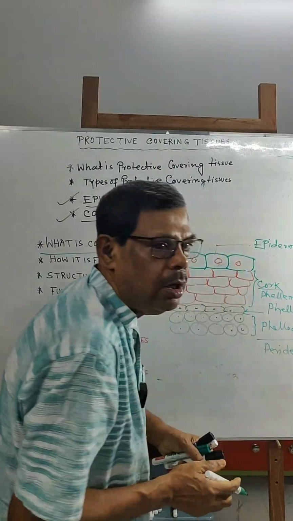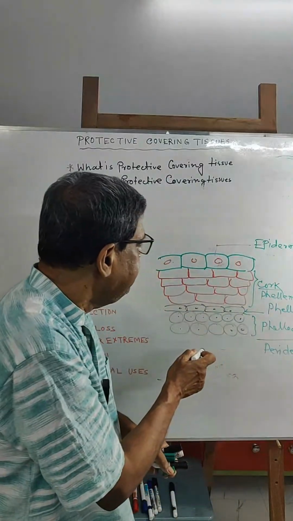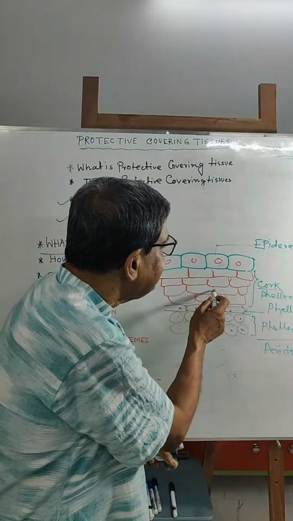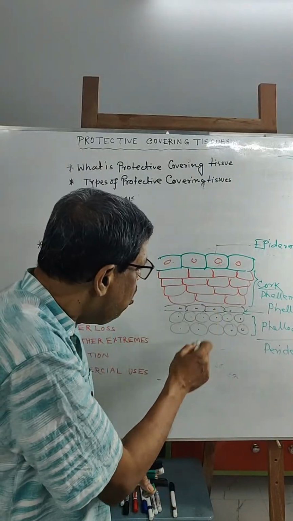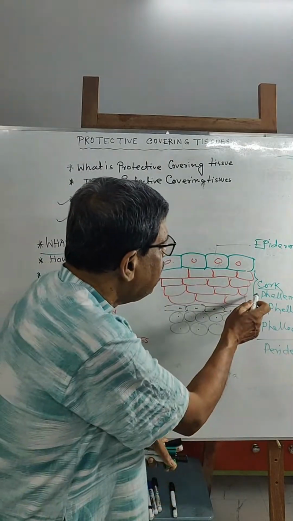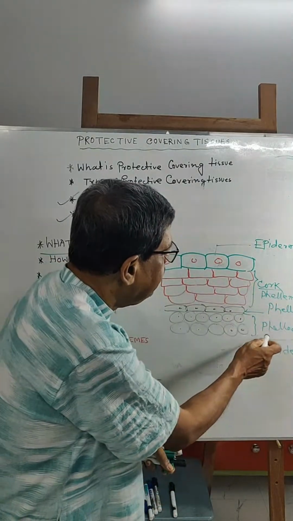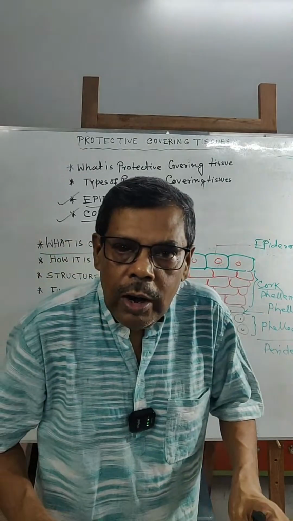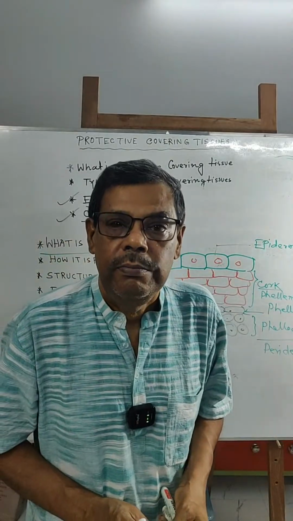Phellogen divides and produces cork cells outwardly, and inwardly it forms the phelloderm. Cork, phellogen and phelloderm are collectively called periderm.